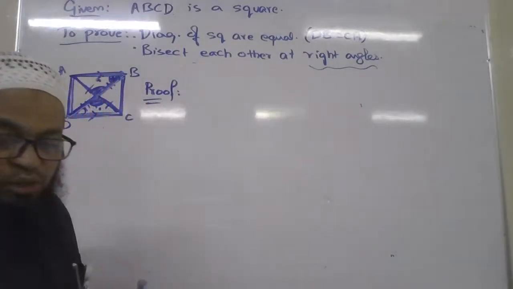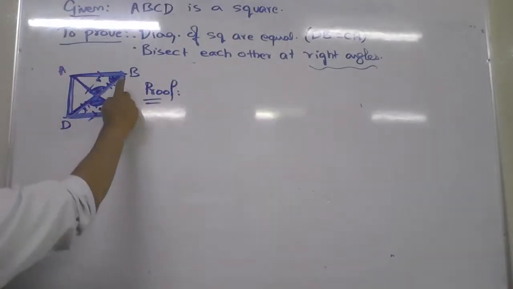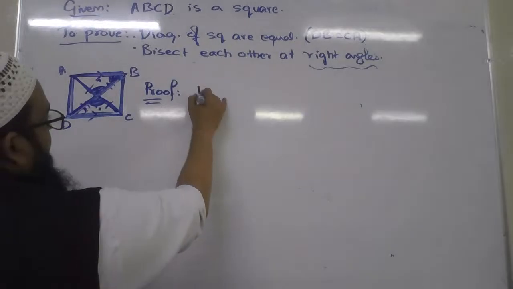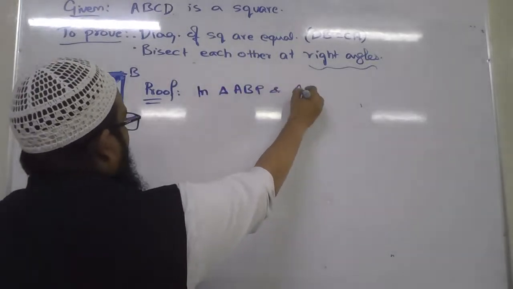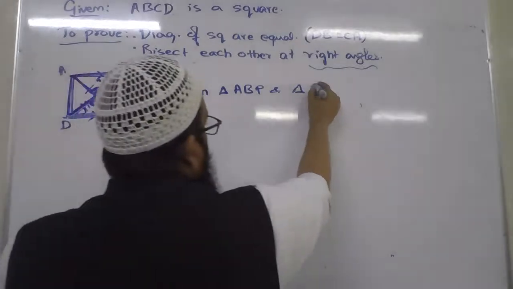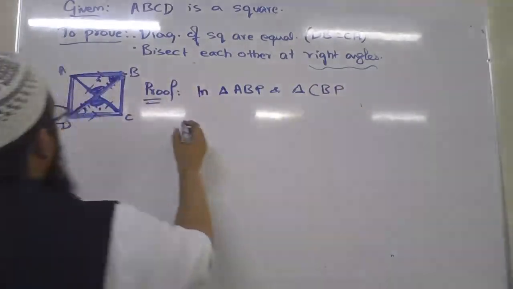So now, in order to prove the right angle, let us take these two triangles. What are these two triangles? Triangle ABP and triangle CBP. Let me draw them.